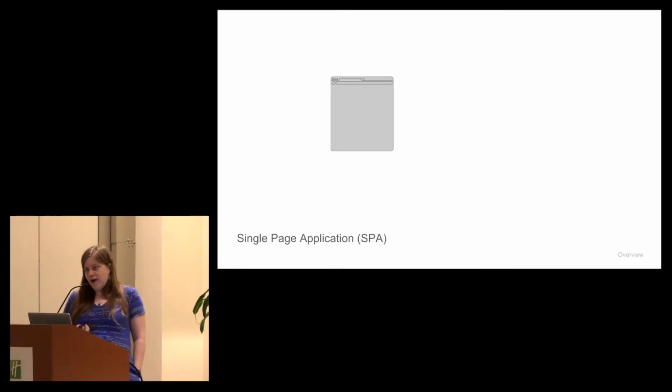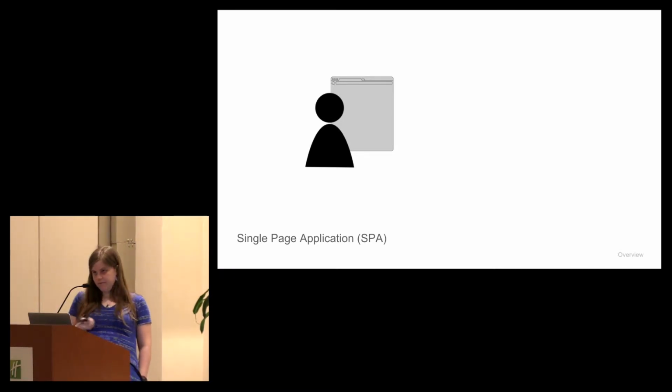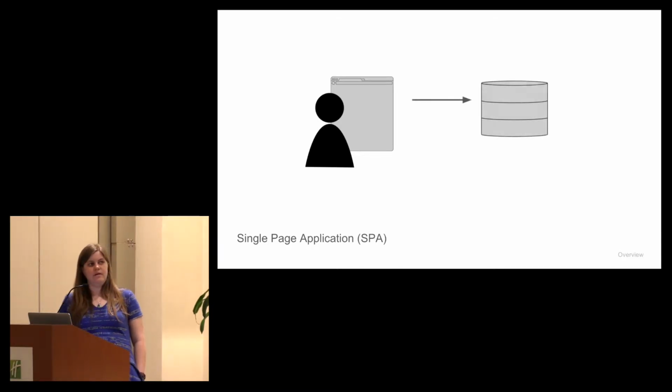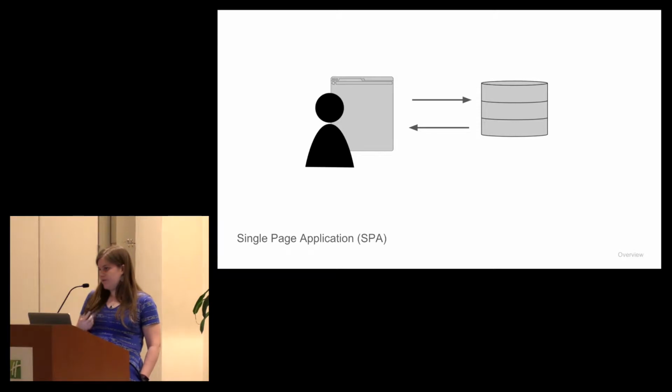So for a while now, we've also had single-page applications, right? jQuery, Angular, Backbone, Ember, React, you name it, right? In the single-page application flow, the browser talks directly to our backend via Ajax and gets the data and populates the views. This means that when the user wants to route or make updates, do any kind of interaction, we don't have to do that whole round trip to the server.